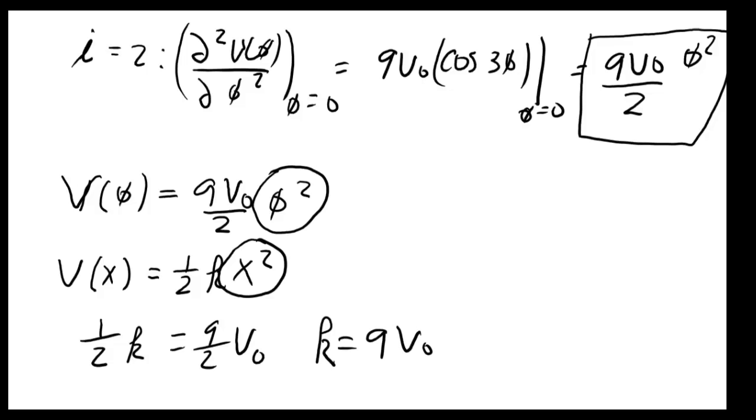So we've done what we set out to prove: for small oscillations around phi equals 0, we expand the Taylor series around phi equals 0, and that gives us a potential which is just like the harmonic oscillator, where the harmonic oscillator force constant, or spring constant, is equal to 9V0, which is half the maximum of the potential.